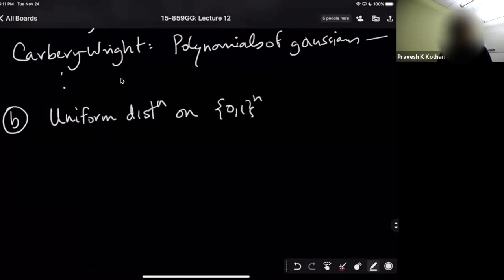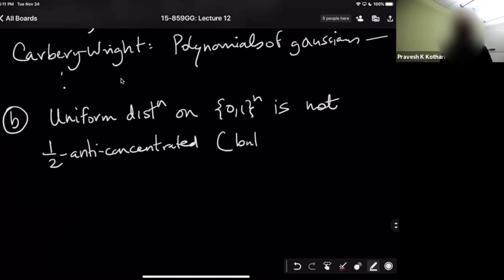A distribution that we usually like very much is not half anti-concentrated. Actually, it turns out that half is the optimal constant here, but it is half minus beta anti-concentrated for every beta bigger than 0.